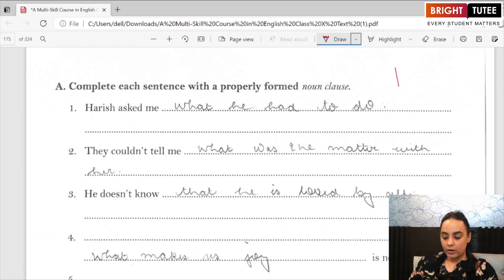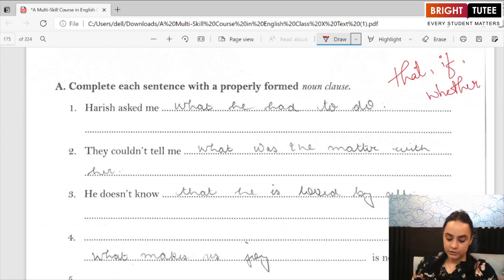What three conjunctions? That, if, and whether. Alright, so the first question: Harish asked me. Now, as you can see, either you can do this if you want to begin your noun clause with these three conjunctions.